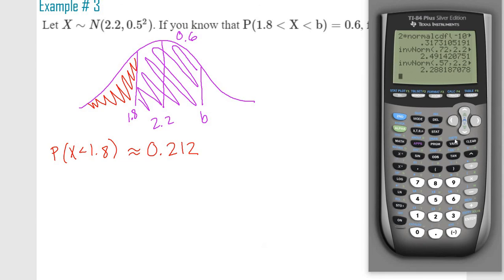Again, if you're confused, second vars, go to normal CDF because it's an interval. Lower value really low, then to 1.8. The mean is 2.2, and the standard deviation is 0.5. Paste. 0.212. Okay, so that's that part.